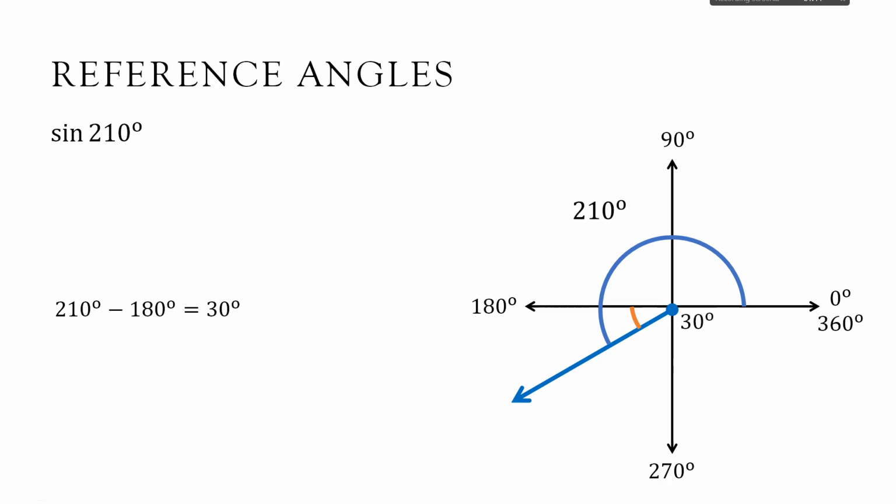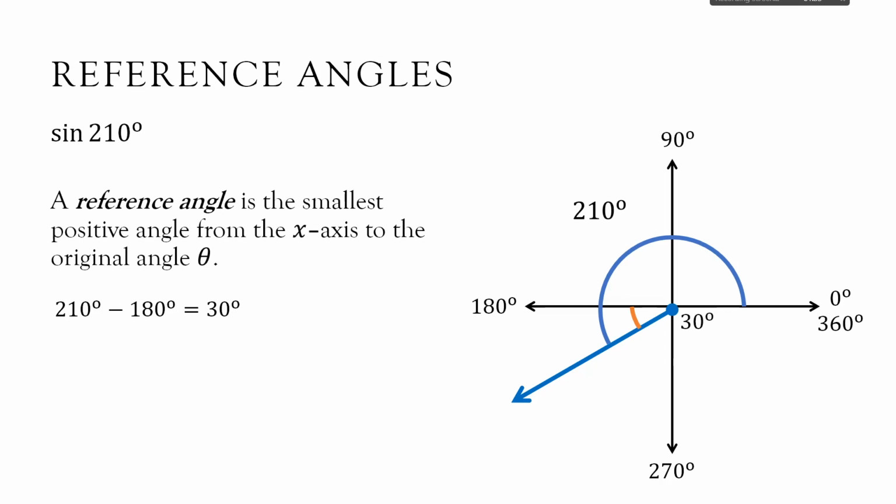So what I found here is 30 degrees, and I'm going to call that the reference angle for 210. If I want to give it a formal definition, a reference angle is the smallest positive angle from the x-axis to my original angle theta.